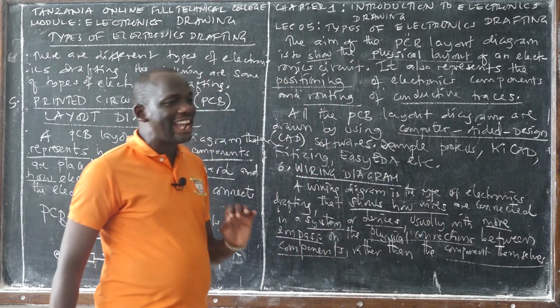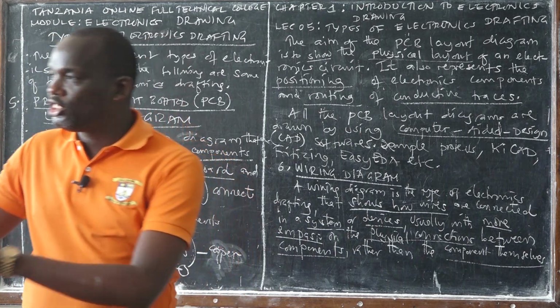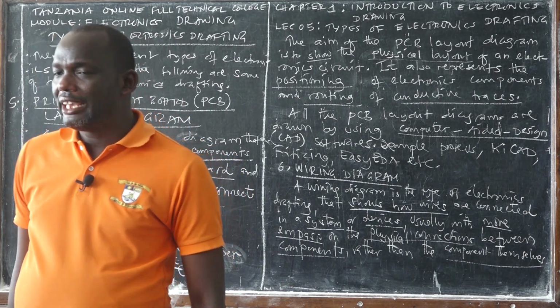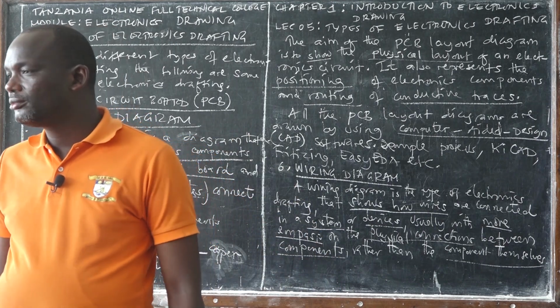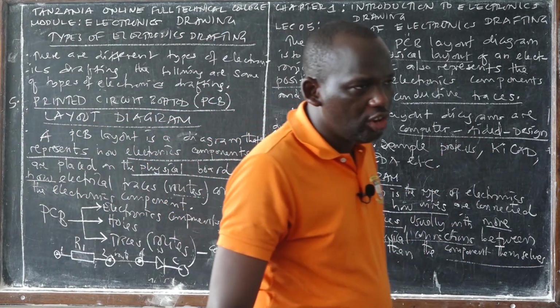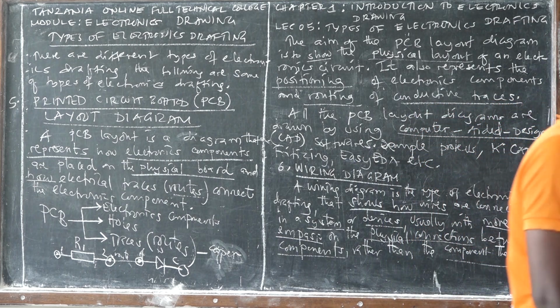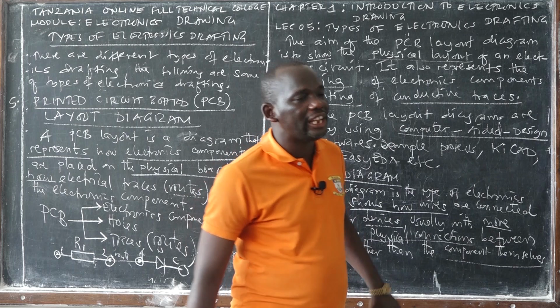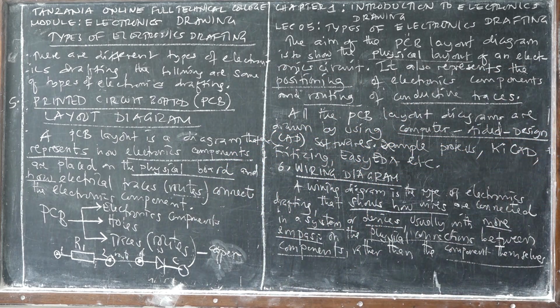When you talk about wiring diagrams, the main focus is the physical connection between a particular subsystem in the motherboard and another subsystem of the same motherboard, or between the output peripherals and the motherboard, or between the input peripherals and the motherboard. The main focus is not on the electronics components, but on the interconnection between those components in the PCB layout diagram.